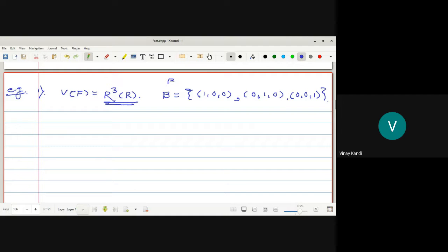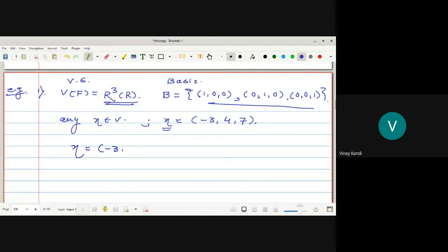This is the vector space. Now take any vector x belonging to the space. Suppose that x is equal to (-3, 4, 7). We can write this x as a linear combination of these three vectors. How? Look here. x = (-3, 4, 7) = A1 times (1 0 0) plus A2 times (0 1 0) plus A3 times (0 0 1).